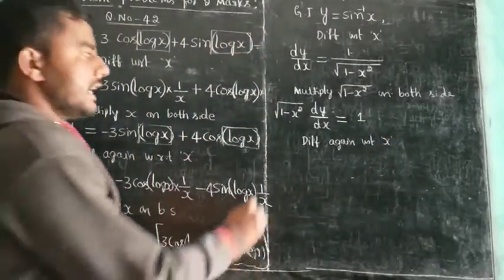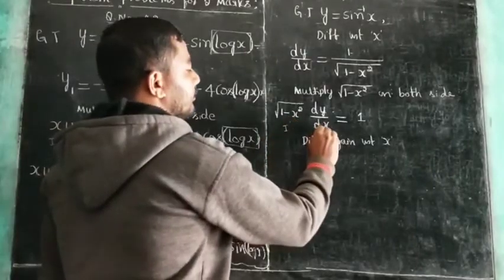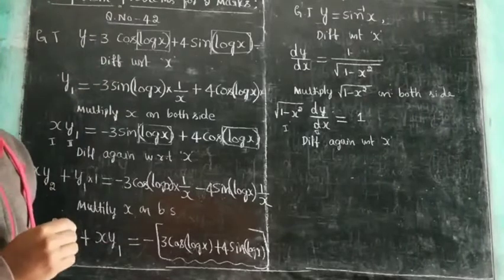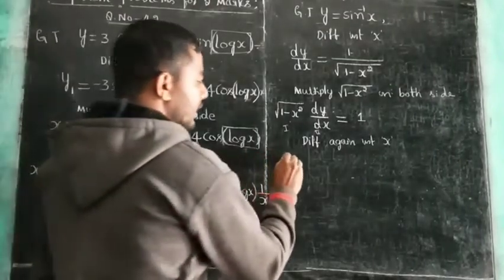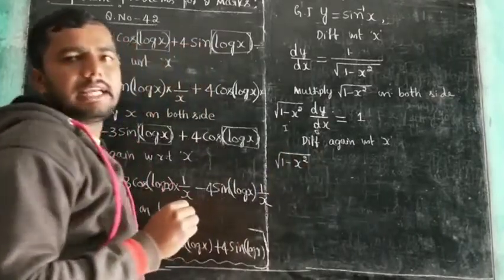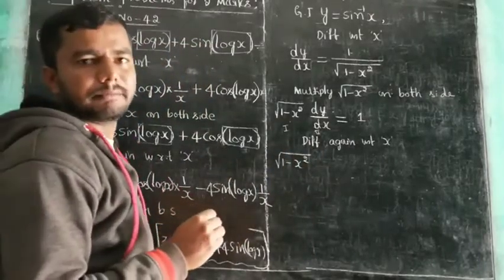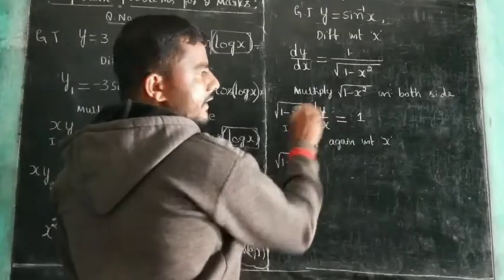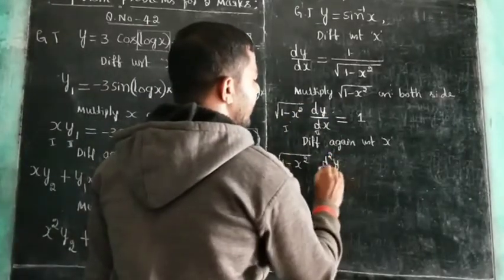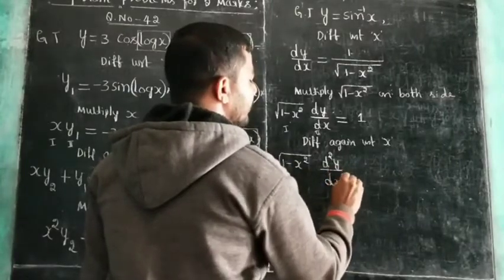Here in the left hand side we have a product of two functions. So apply the product rule. By the product rule, take first function as it is. Write the derivative of the second function. The derivative of the second function, that is dy by dx, is nothing but d square y divided by dx square plus.